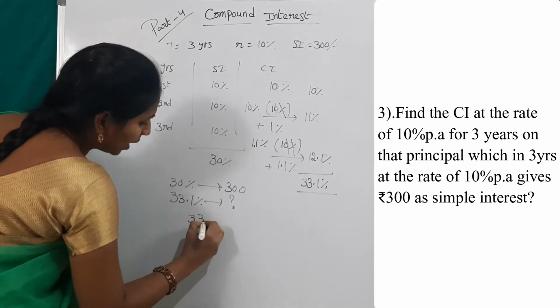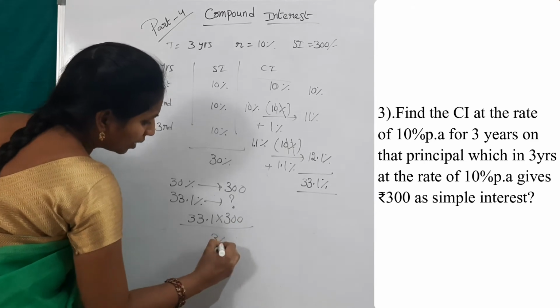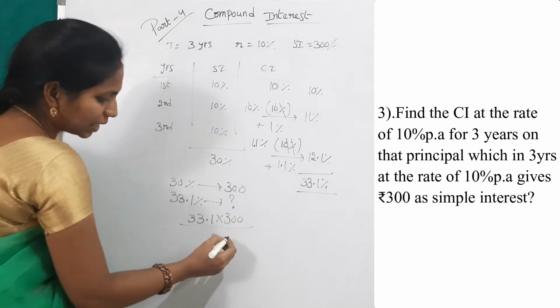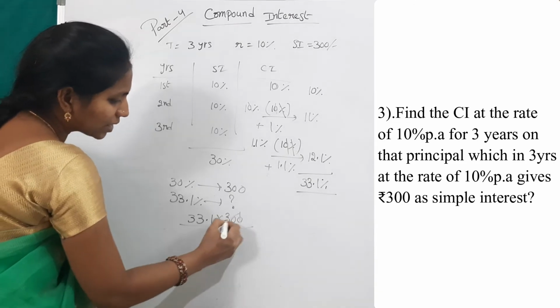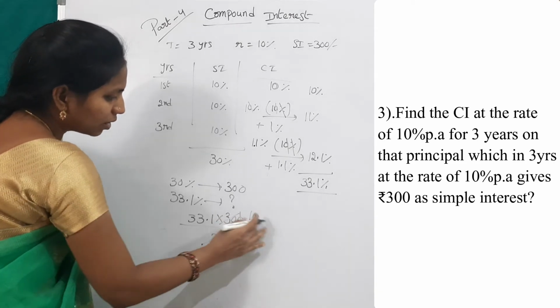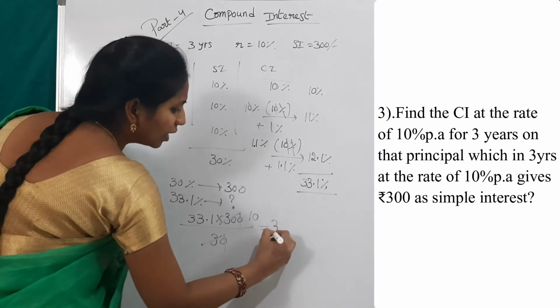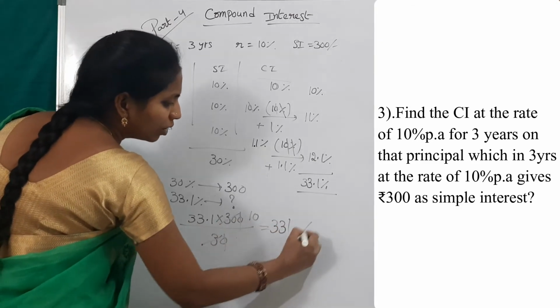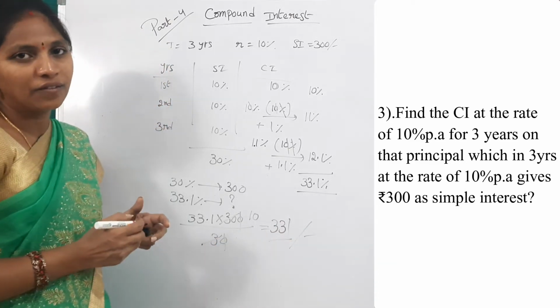Then cross multiply 33.1 into 300 by 30. Percent gets cancelled. No need to write. 0, 0 cancelled and this 3 cancelled 10 times. Now what is the result? 33.1 into 10 means 331 rupees. This is the corresponding compound interest value.